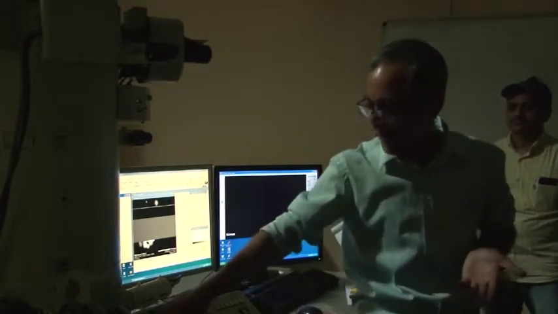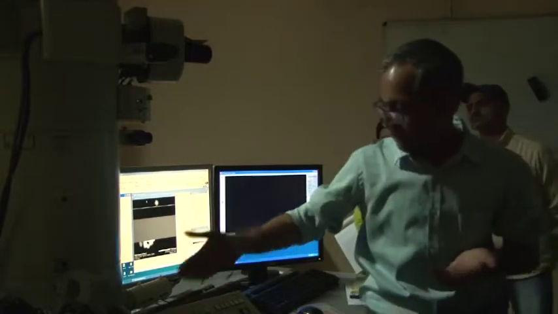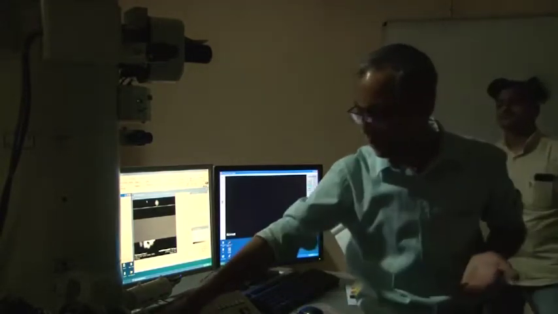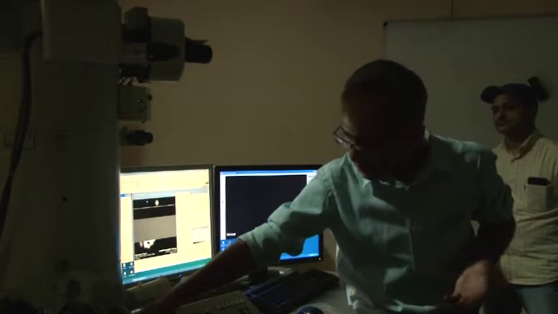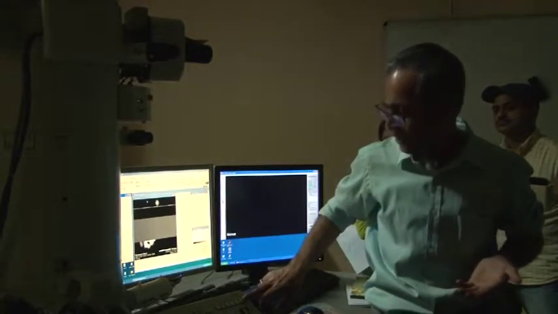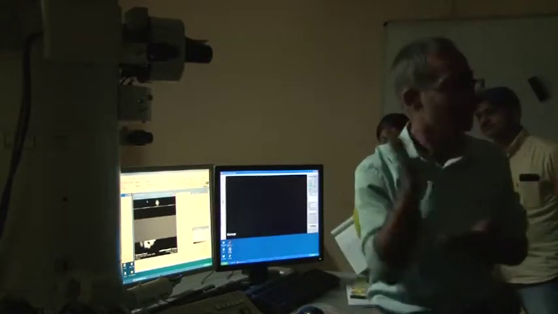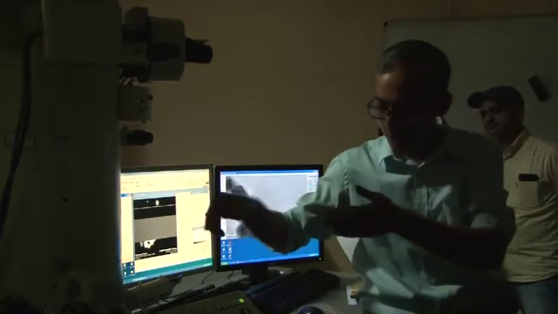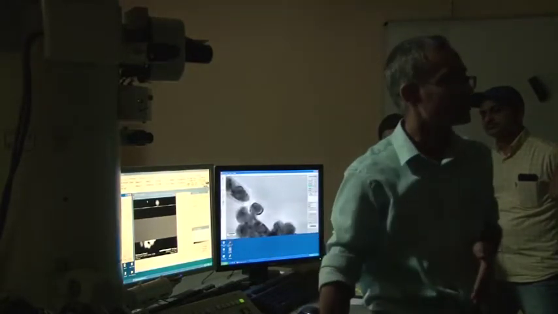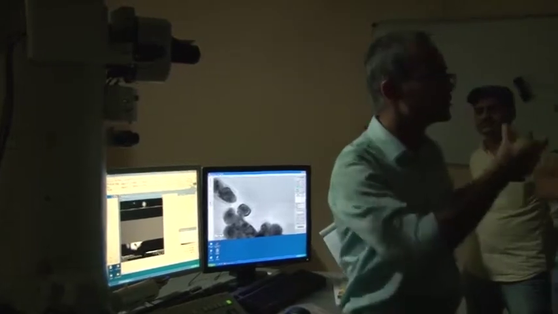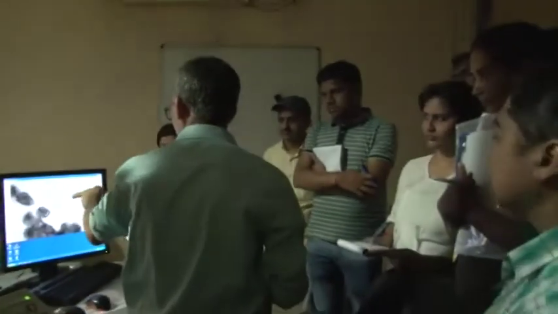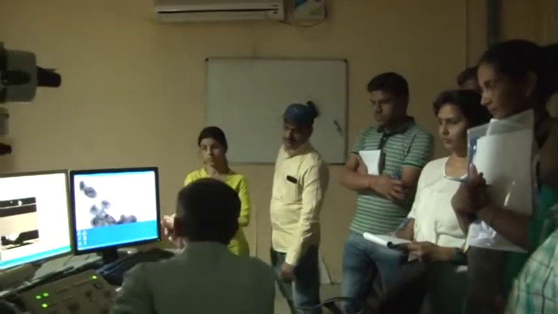An alternative way is that one can take this out. If I do like this, then the whole thing comes up and the electron beam goes directly to a camera system, and that's where the image is digitally recorded. Or you can also catch it here on the screen.